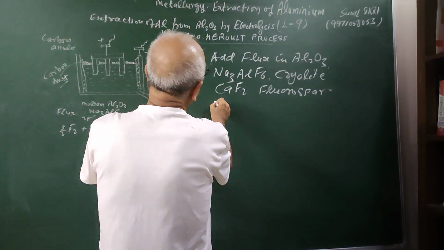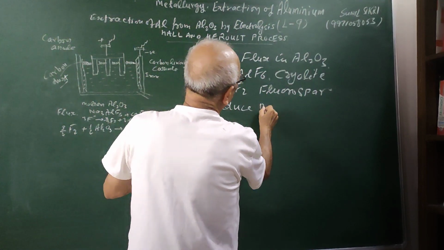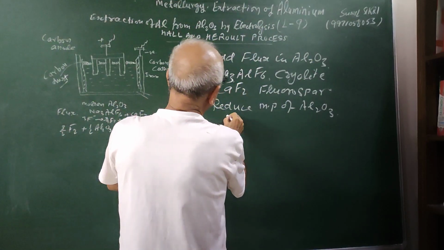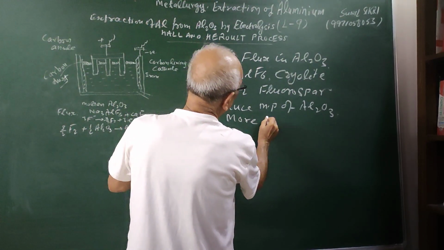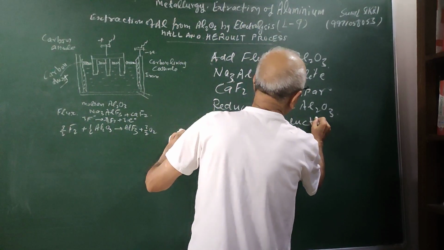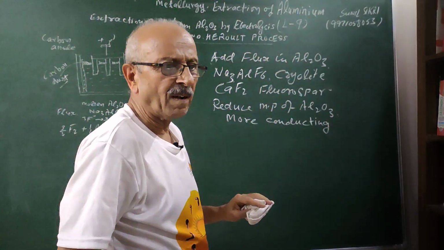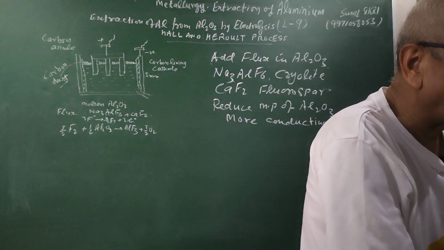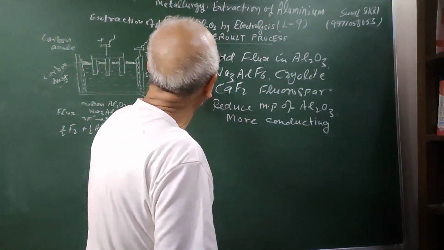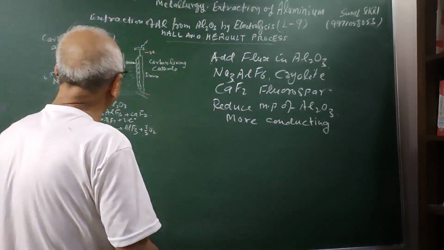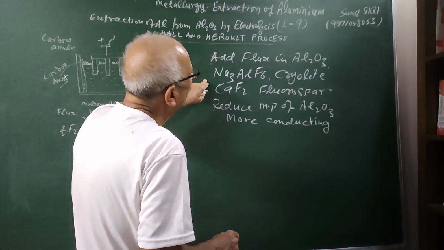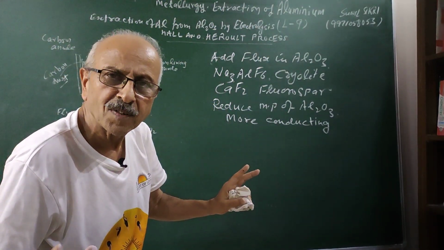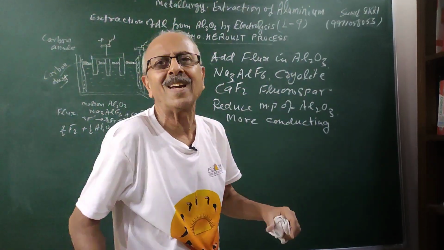They reduce the melting point of Al2O3, and also make it more conductive. So the melting point comes down, and now it becomes possible for us to do this process. Earlier the melting point was very high. By adding these, what we call a flux, in the Al2O3, we can do the electrochemical reduction of Al2O3. So it became possible, and after that aluminium became very cheap.